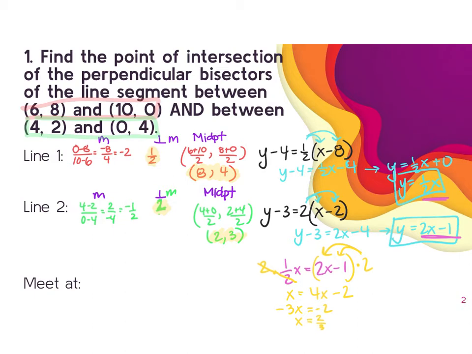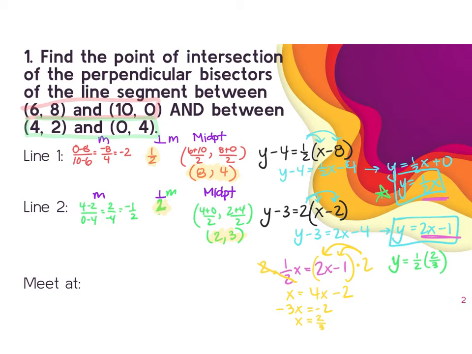Now a point has an x value and a y value. So now what we need to do is substitute this x value back into either one of our equations and solve for y. I'm going to choose this top one. So y equals 1/2 times 2/3.